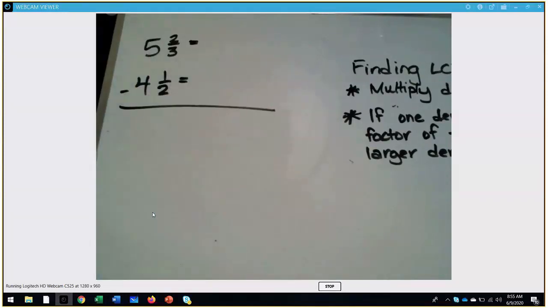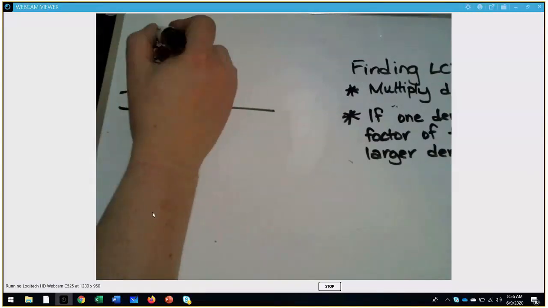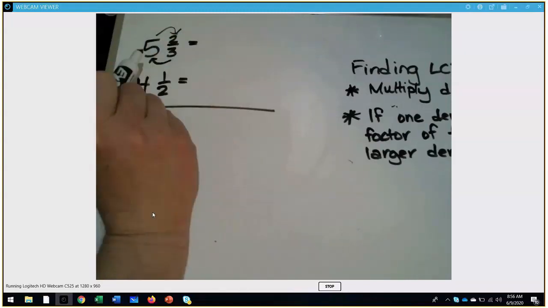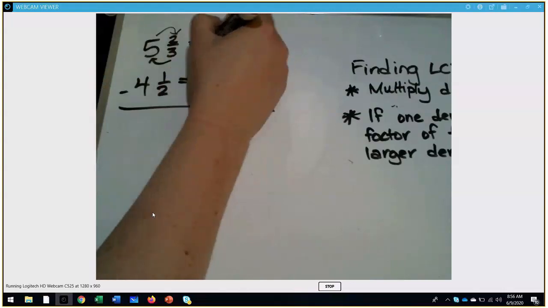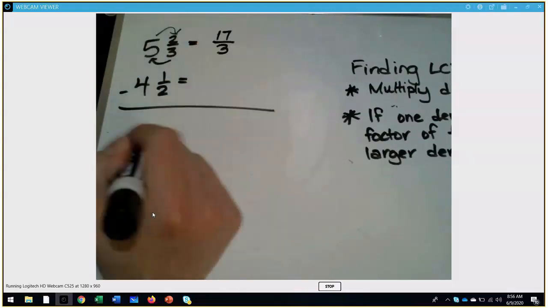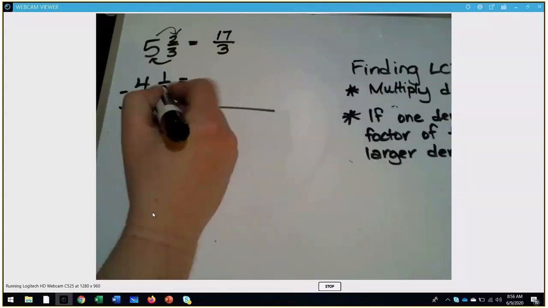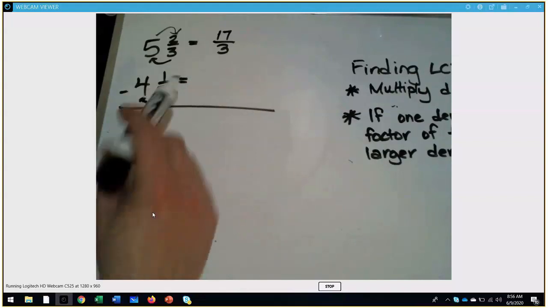We need to convert them by looping them around. So it's going to be 3 times 5, which is 15, plus 2 is 17 over 3. And 4 1/2 is 2 times 4, which is 8, plus 1 is 9.